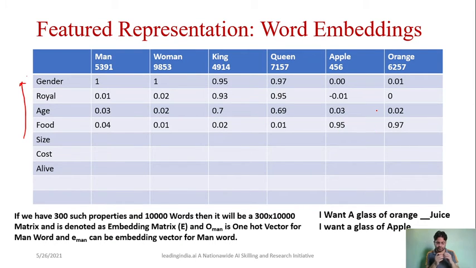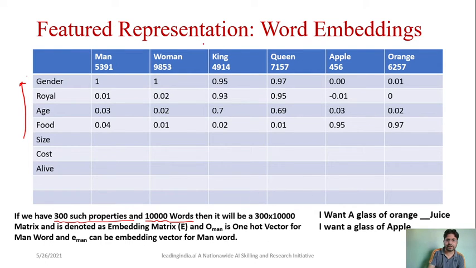So in that way, if you are representing in a distributed manner, it means they are looking for the properties of that particular word, and those properties are represented by a fixed-length vector. Right? So suppose here we are seeing some properties. Suppose we are looking for 300 such properties, and we have 10,000 words. In that way, our matrix will represent this entire thing.